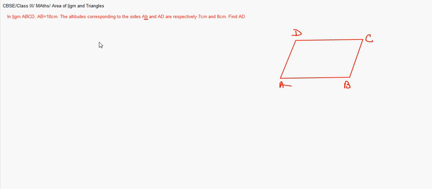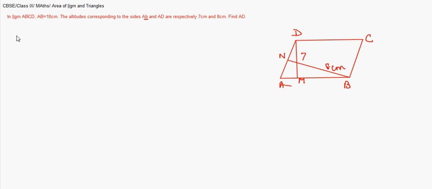Given the altitudes corresponding to the side AB, I drop a perpendicular from D to AB, that's given to be 7 centimeter, and from B to the side AD, so it might just look like this. These are imaginary altitudes, so please bear with it. It's M, this N, it says this is 8 centimeter. We have to find AD.